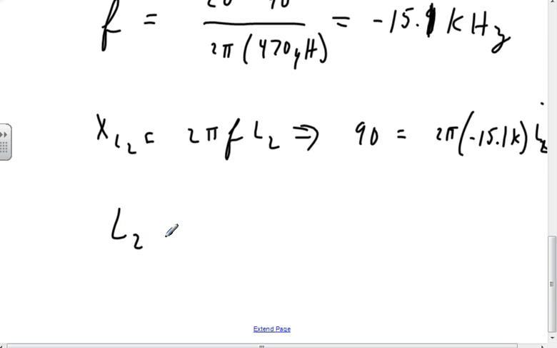So L sub 2 is going to be 1 over, times 90 divided by 2 divided by pi equals, change to engineering notation, 950 microhenry.